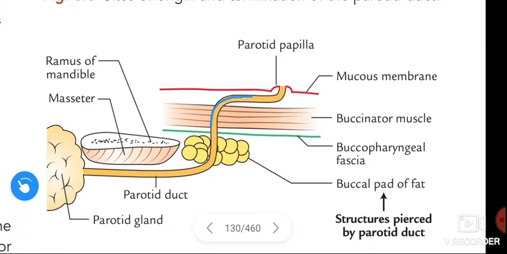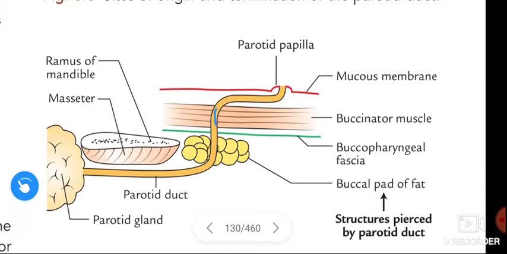See here, its bending occurs between the buccinator muscle and mucous membrane. This is the second bend.